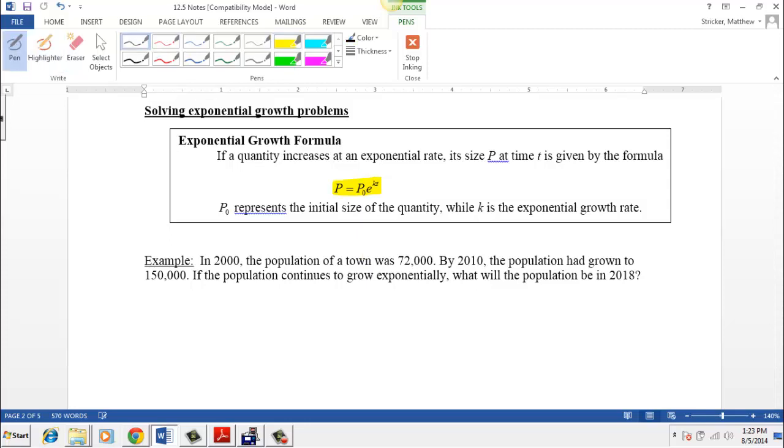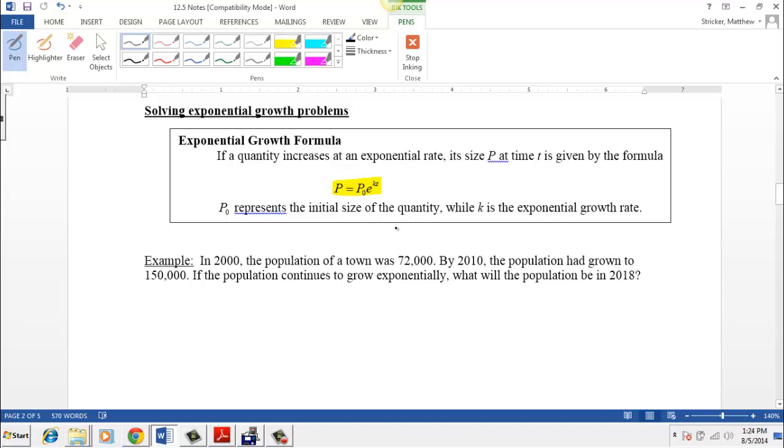So it says if a quantity increases at an exponential rate, its size P at time t is given by the formula P equals P0 times e to the k times t, where P0, that's been P in our last problem. P0 is the initial size of the quantity.